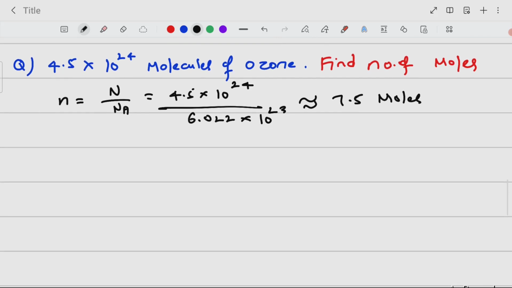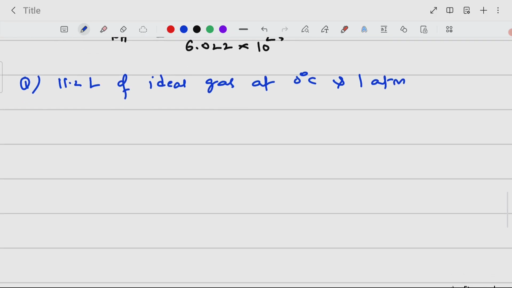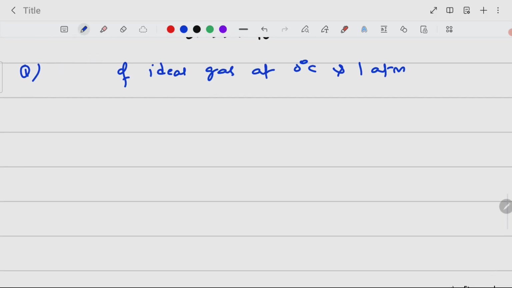Next, moving further, another question related to the mole concept. Here it is given as 11.2 liters of ideal gas at 0 degrees Celsius and 1 atm. So here they mention STP or NTP conditions, because NTP and STP are almost the same.